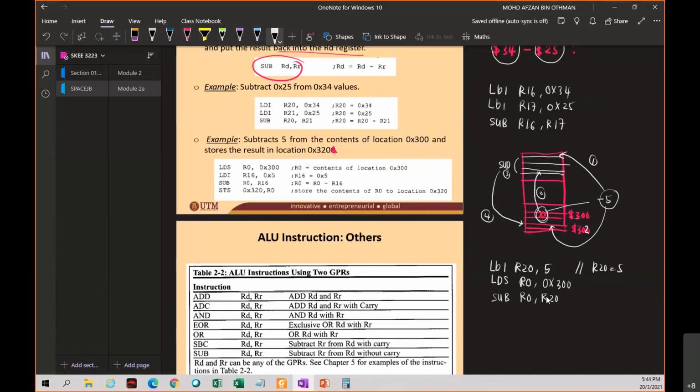So what happen? R sama dengan R tolak R, the result is going to happen, kosong. Okay, R kosong.